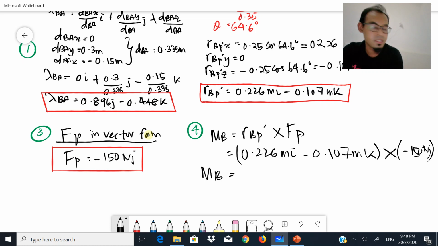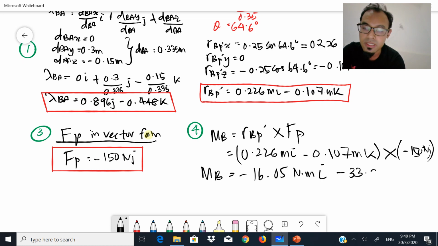Then simplify M_B. I cross J gives K. The final answer of M_B must be negative 16.05 Newton meter i minus 33.87 Newton meter j. So this is our answer for M_B.